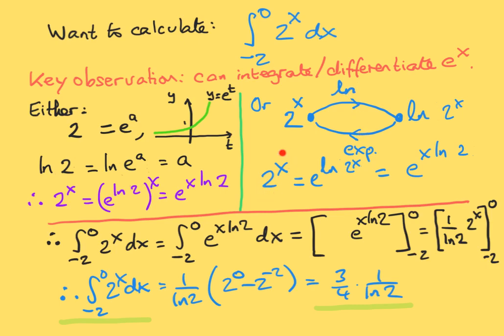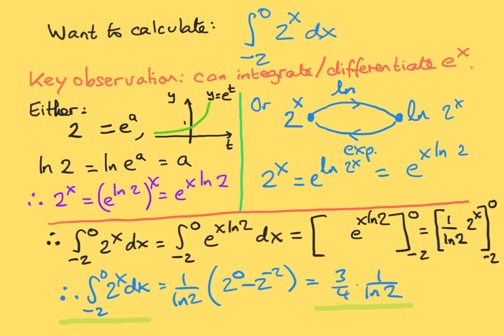So I can always write 2 to the x in this convoluted way as the exponential of the log of 2 to the x. And then I can use the rules for logs to bring the x down in front, and I have e to the x times log 2. And that's exactly the same result as there.